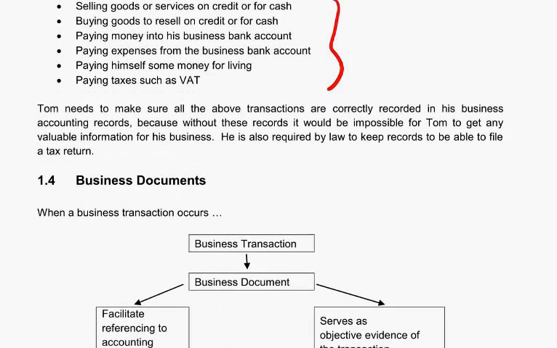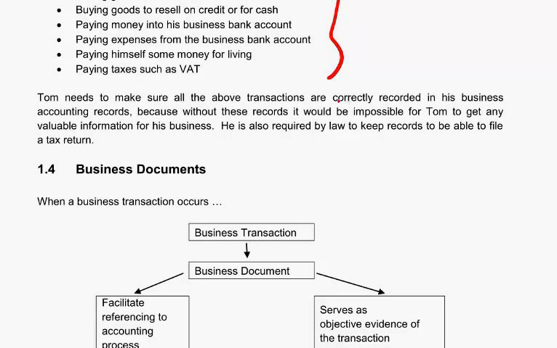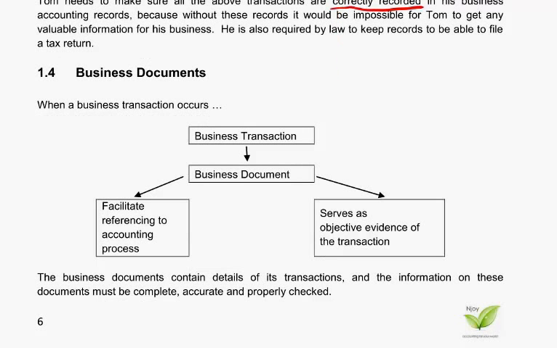So all of the transactions need to be correctly recorded in his business accounts and records, and that's quite important. And the tax man is going to show a keen interest in those business documents. So first of all, you have a transaction, and that business transaction will generate some form of business document.